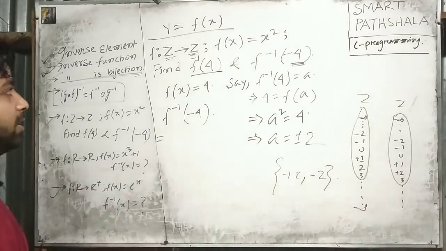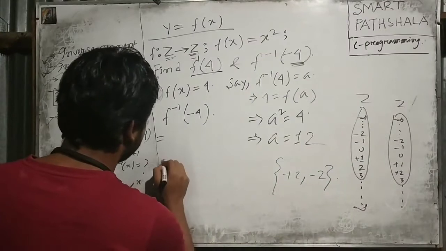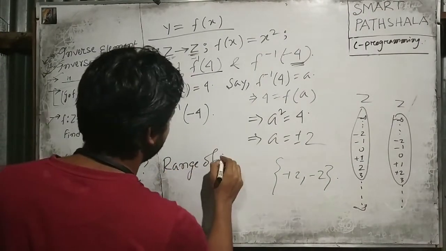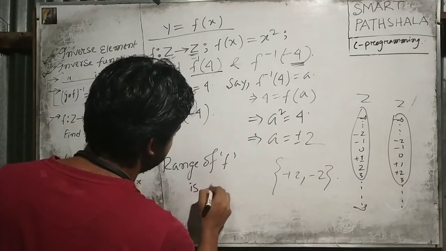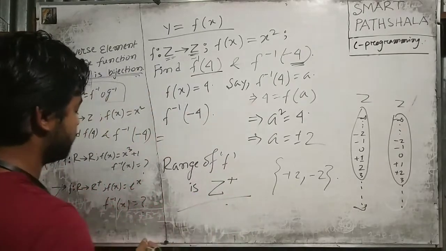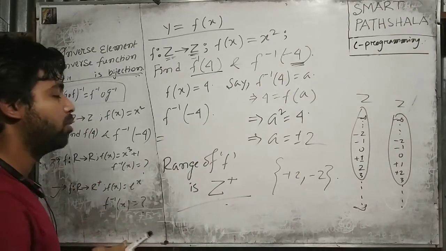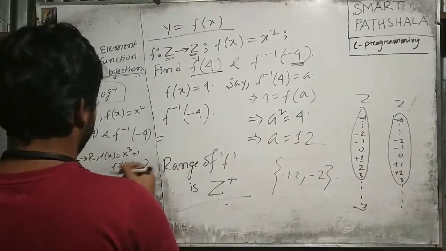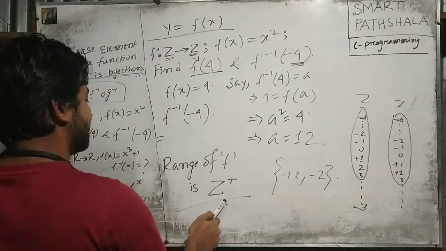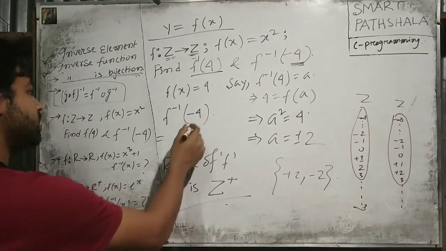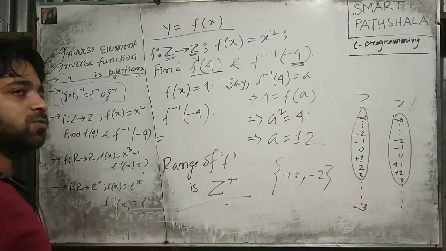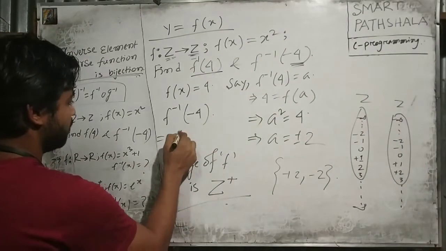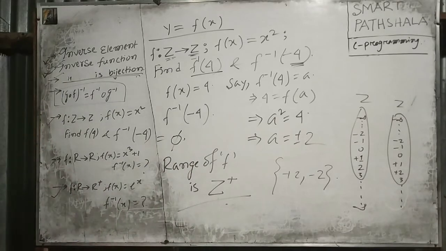If this is positive, then the range of f is Z plus, which means the positive integers, right? So this set Z plus does not even contain this element minus 4. Now where will it get any pre-image, right? So that's why we will have a null set over here, right?